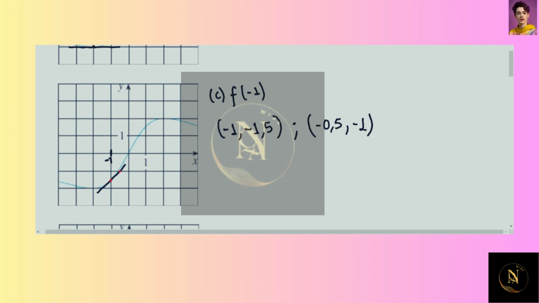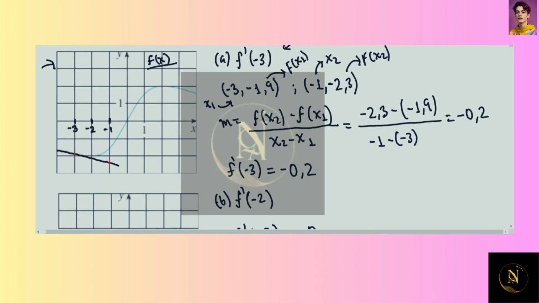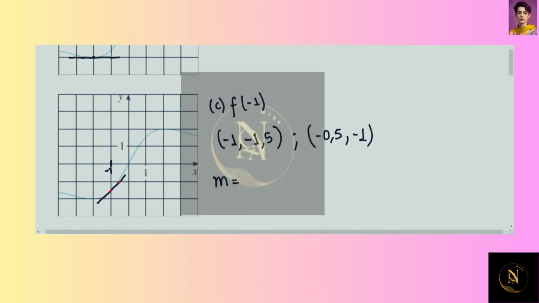So from here, we can again obtain the slope using this formula: f of s2, which is this in here, minus f of s1, over s2 minus s1.